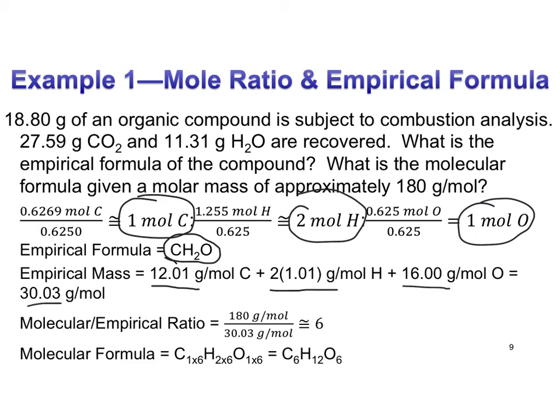Taking the molar mass and dividing by the empirical mass, we get 180 divided by 30.03, which is approximately 6. Multiplying each subscript by 6, the molecular formula is C6H12O6. Verify by checking the molar mass of the formula just determined.